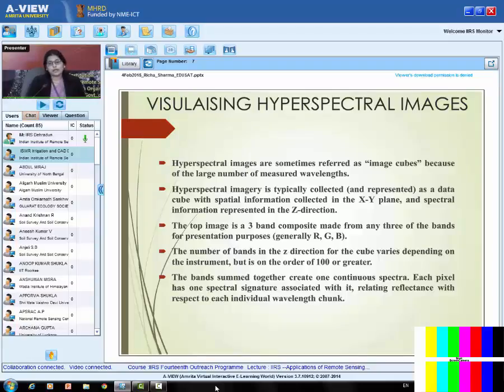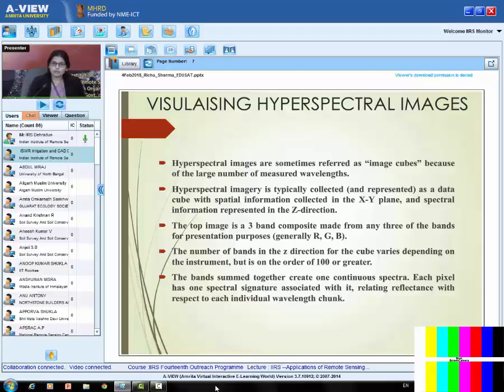When we generate the XY plane, it may be any FCC or any composite from any 3 of the bands, which we use as RGB. Maybe true color, maybe FCC or whatever we require. So we can choose the band combination accordingly for generating our XY plane.